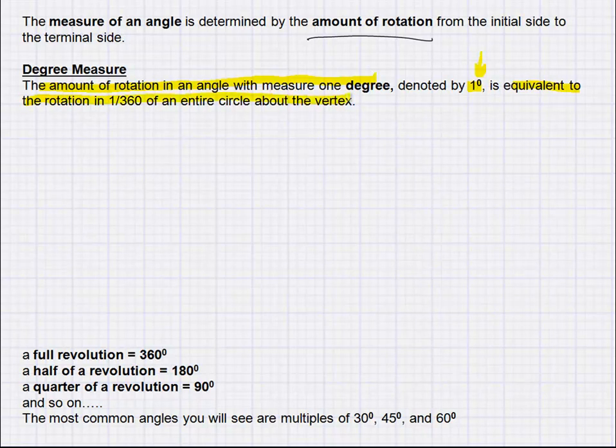of an entire circle. So the definition of a degree, a single degree, is to just take a circle, cut it up into 360 equal parts, and each piece would be what we consider to be 1 degree.